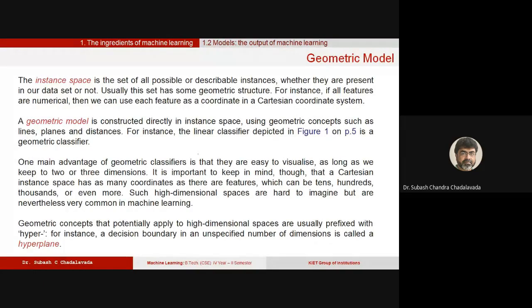So in realistic machine learning problems, you have these high-dimensional spaces available. The two-dimensional and three-dimensional are easy to understand for discussion, but realistically, in machine learning, you have high-dimensional spaces.